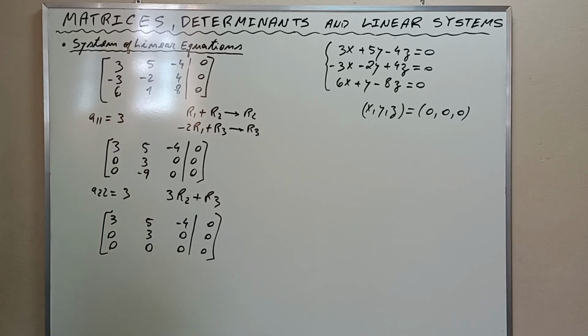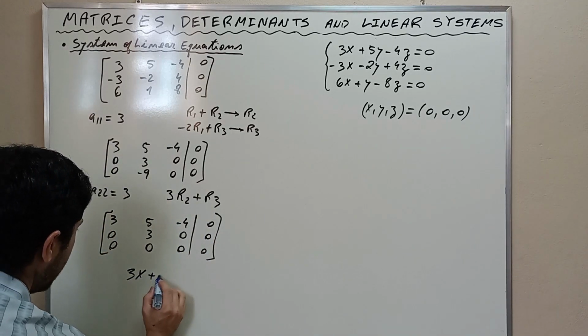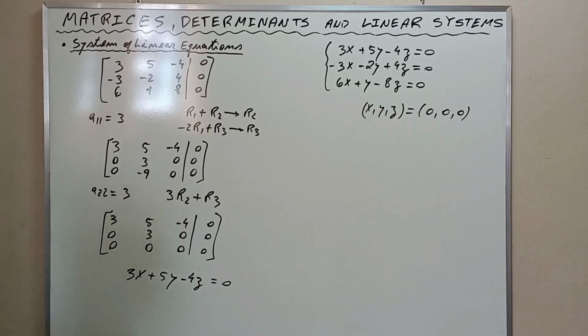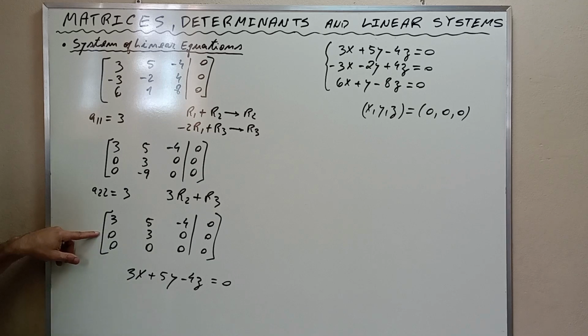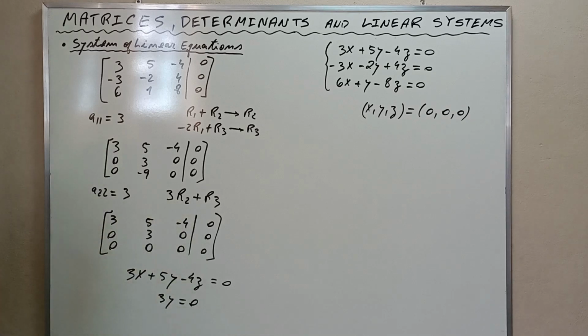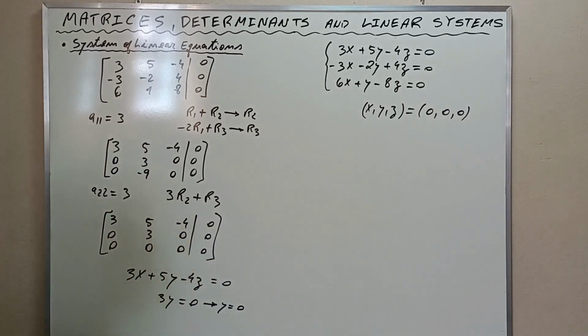And from this, we can infer that three times x plus 5 times y minus 4 times z is equal to 0. We can also state by looking at row 2 that 3 times y is equal to 0. Okay? For 3 times y to be equal to 0, the only possibility is y equal to 0. y has to be equal to 0.